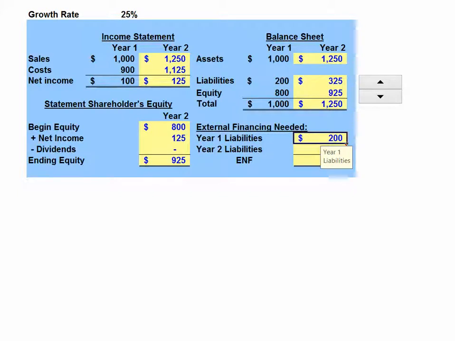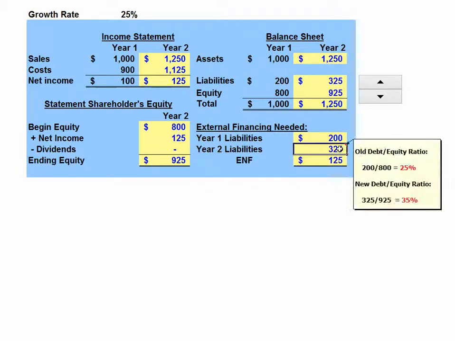Debt increases from $200 to $325, which is our $125 increase. And in terms of our debt to equity ratio, we can see our old debt to equity ratio of 25% has now increased to 35%. So we were able to grow faster than our sustainable growth rate, but we needed to rely more on external financing, and our financial leverage needed to increase to keep up with that higher rate of growth.